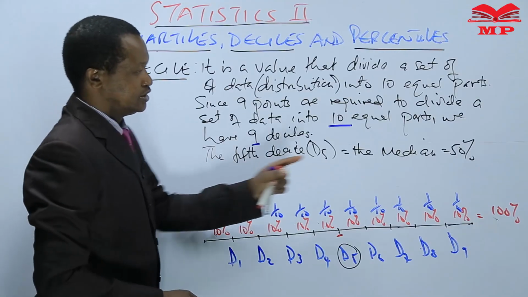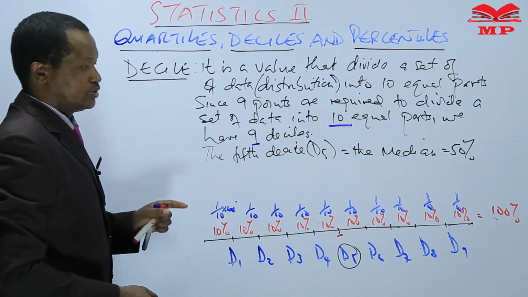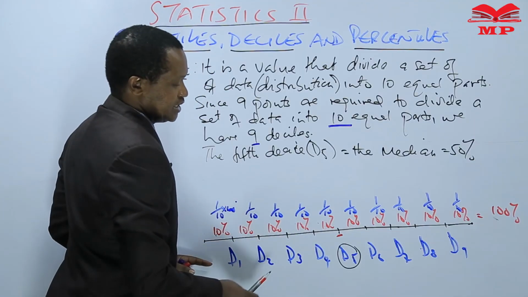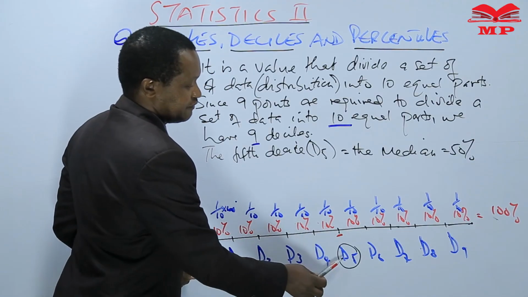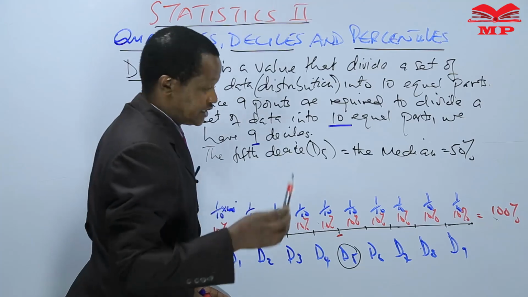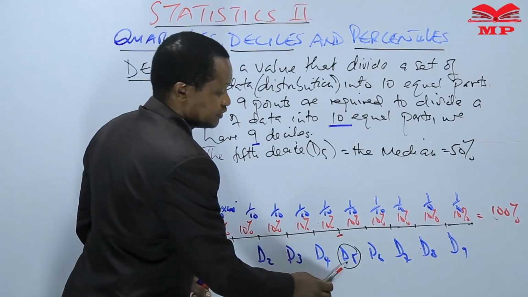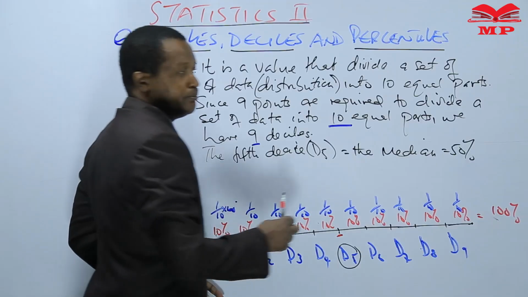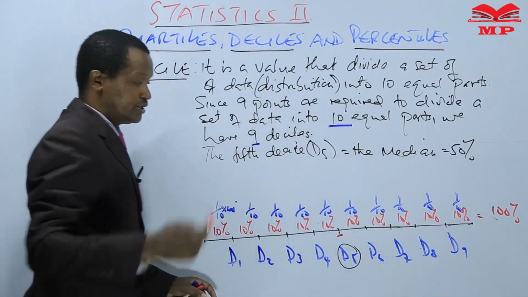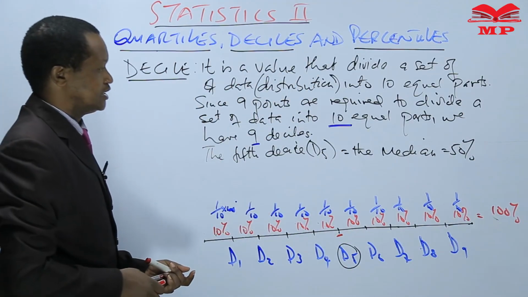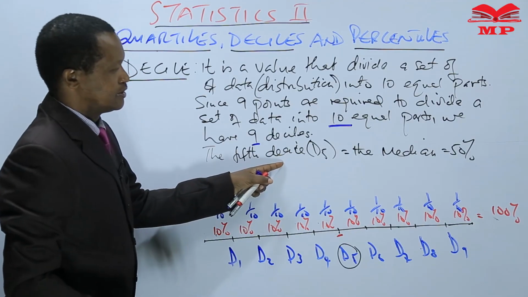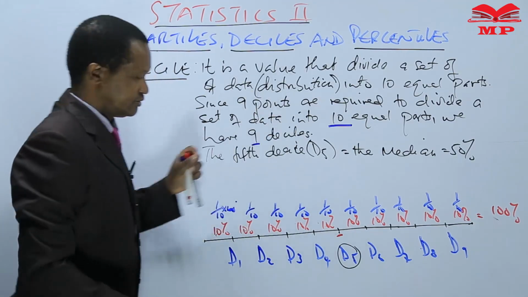It's important to note that. Later, when computing the fifth decile separately and the median separately, the answer will be the same. So the fifth decile is equal to the median.